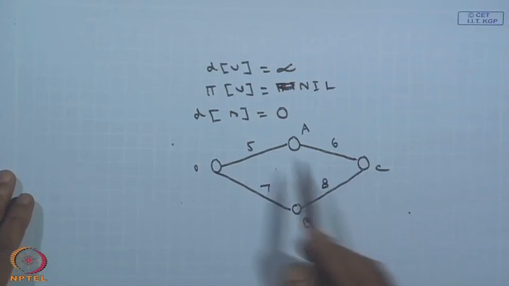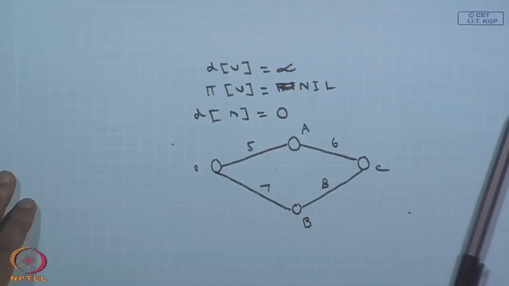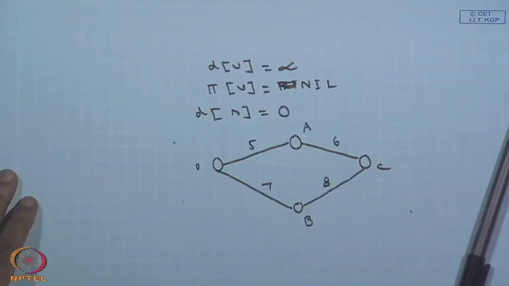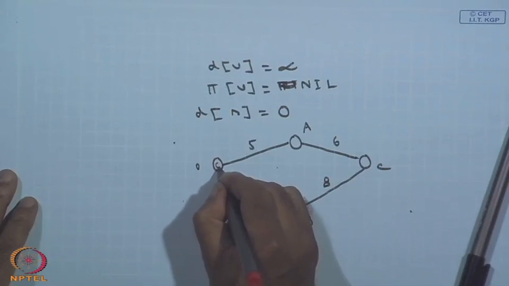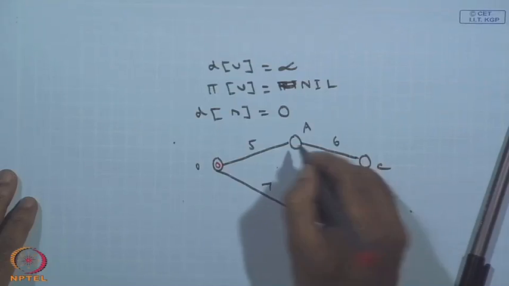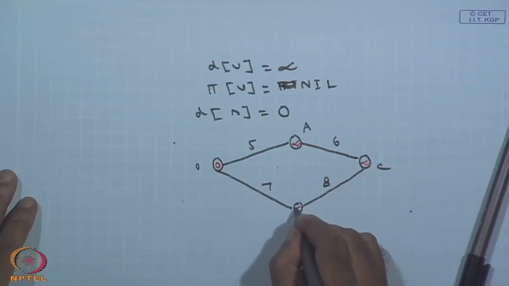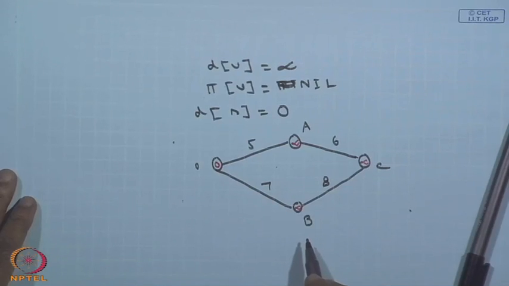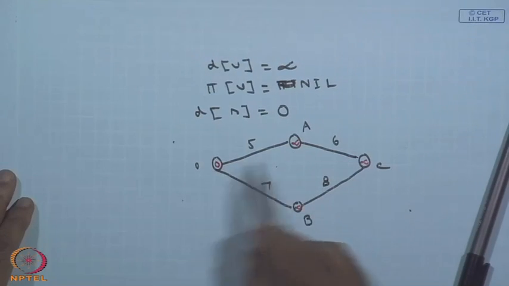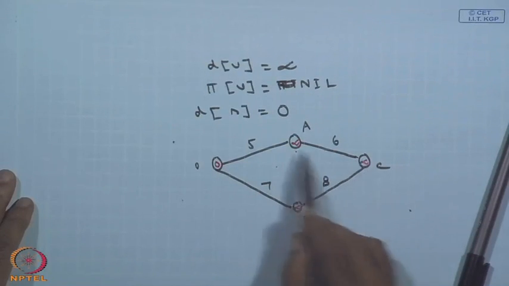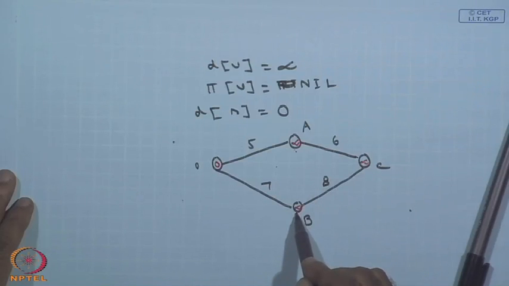Initially we write the vertex value as 0 over here, and all other vertex values will be infinity. This we call the initialization. You make this as 0, and all these vertex values as infinity.